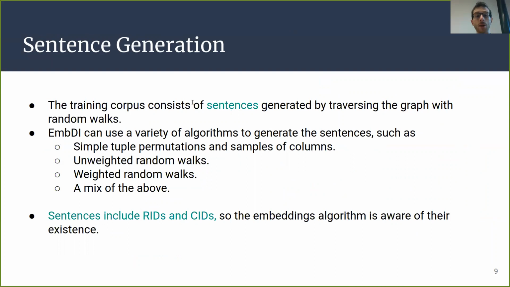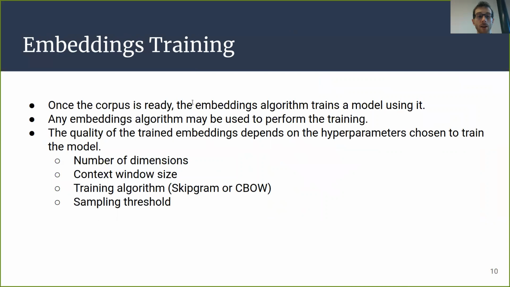Sentences should include record IDs and column IDs, so the embedding algorithm is aware of their existence. The random walks make up the training corpus that is passed to an embeddings algorithm. As one can expect, the hyperparameters used in the training phase have a large effect on the final embeddings quality. It is also possible to use any training algorithm that can take as input the sentences we are supplying.